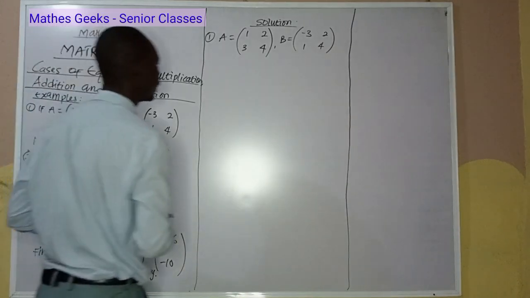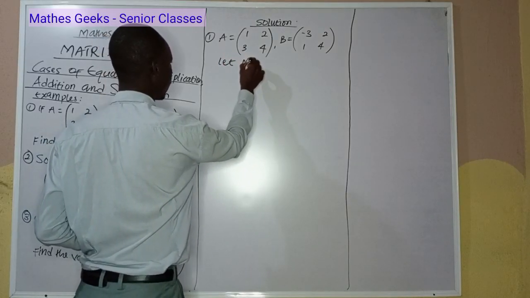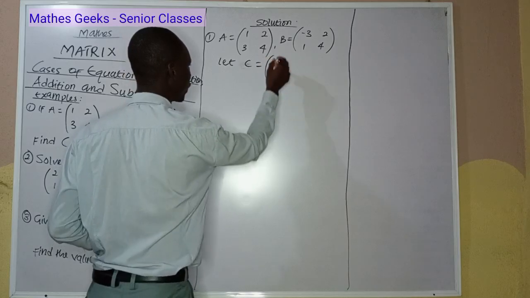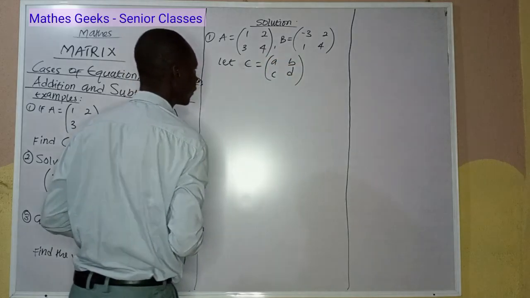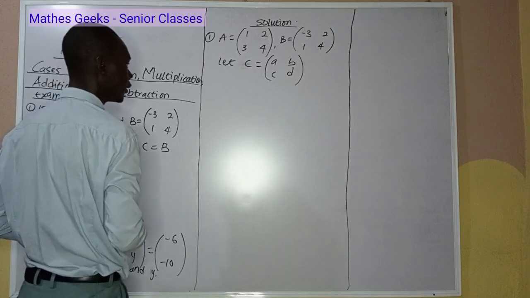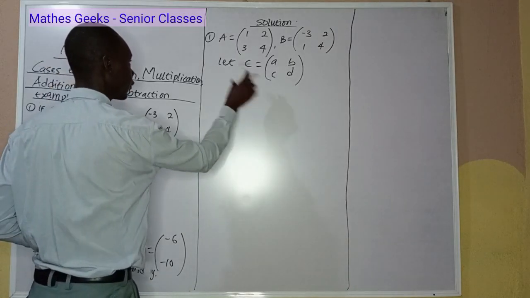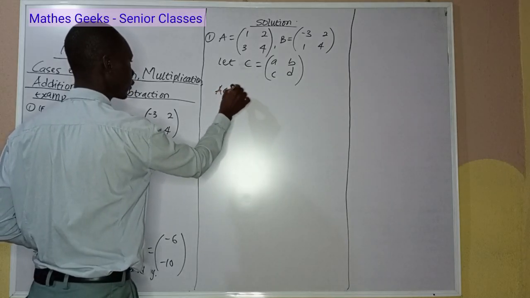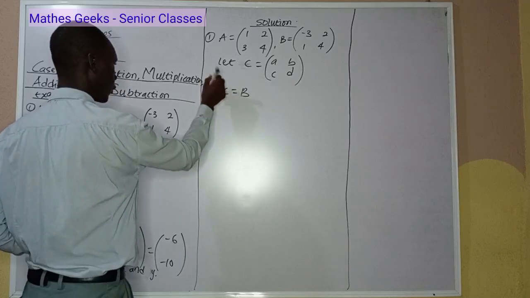So we're going to represent C equals a, b, c, d. Elements a, b, c, d, or entries a, b, c, d. Okay, so now let's move on. AC equals B. This was what was given to us.